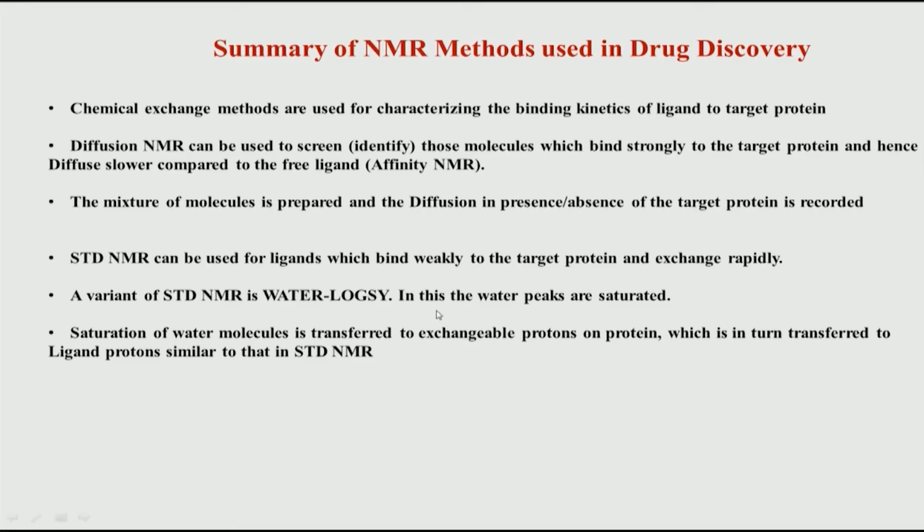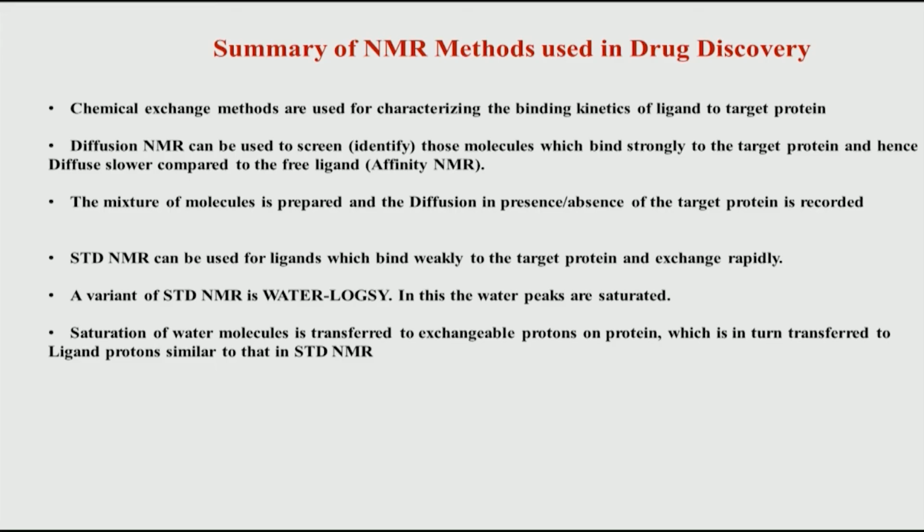So, therefore, if I saturate my water peak, then it will also saturate my exchangeable proton peak, because they are exchanging. Now, that saturation of the amide proton peak will further be transferred to the ligand protons which are binding to the protein. So, this is again similar to STD NMR, in that I am transferring saturation from one part of the system to another part using spin diffusion.